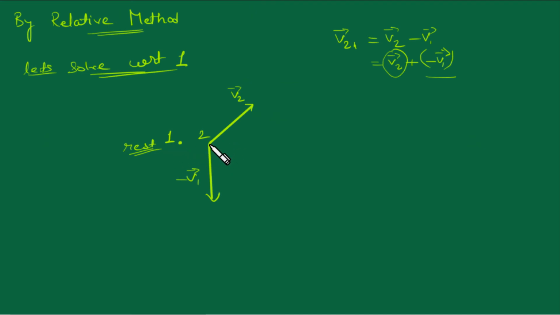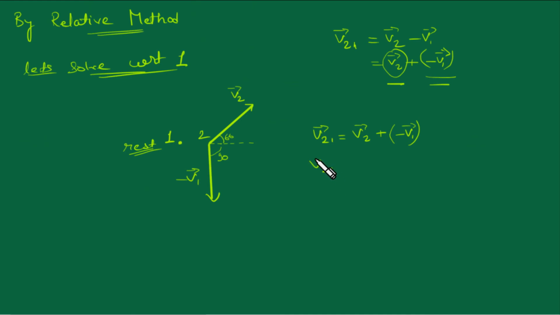Okay, fine. So we know that this angle is actually 60 degrees and this is 90 degrees, and we have to take the resultant of this vector and this vector. We already know that velocity of 2 with respect to 1 is velocity of 2 plus minus of velocity of 1. So we are actually adding two vectors, right?